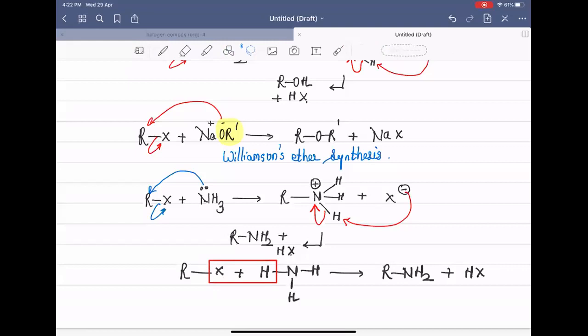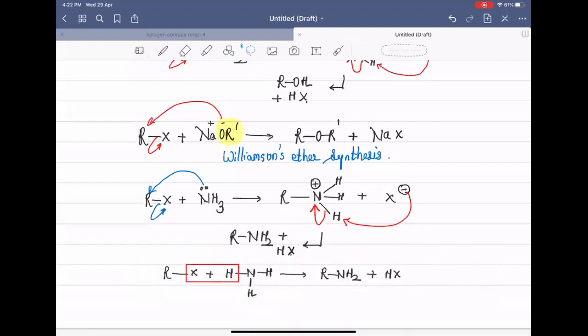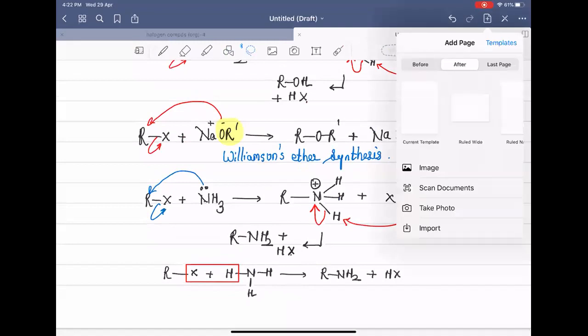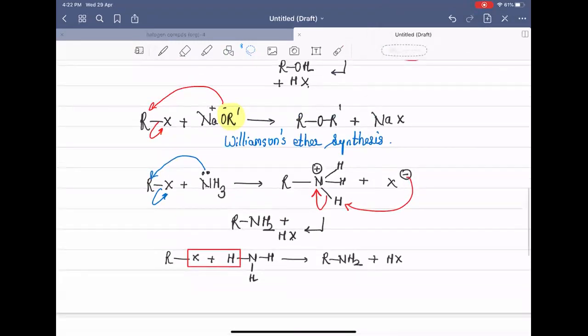So this is how you get your product. And what I have shown here is the mechanism by which it happens, how the lone pair attacks, and how H is then removed. So I think this is not very difficult. You can very easily do this, right?